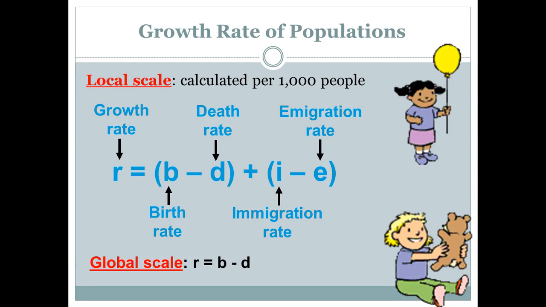So you have your birth minus death, that quantity, plus immigration rate minus emigration rate, and this will be over 1,000 times 100. You divide the birth minus death plus immigration minus emigration by 1,000, but multiply it by 100.